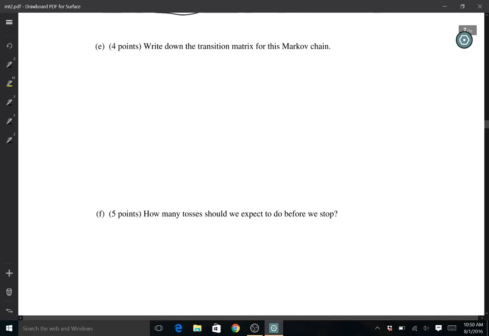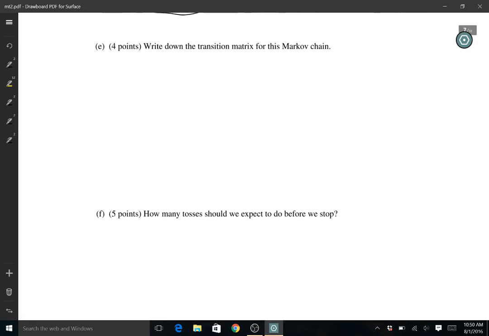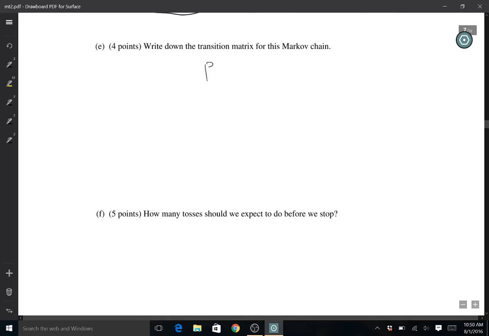And the transition matrix for this Markov chain, the transition matrix is P such that P_ij is equal to the probability that X_{n+1} is equal to j, given that X_n is equal to i.